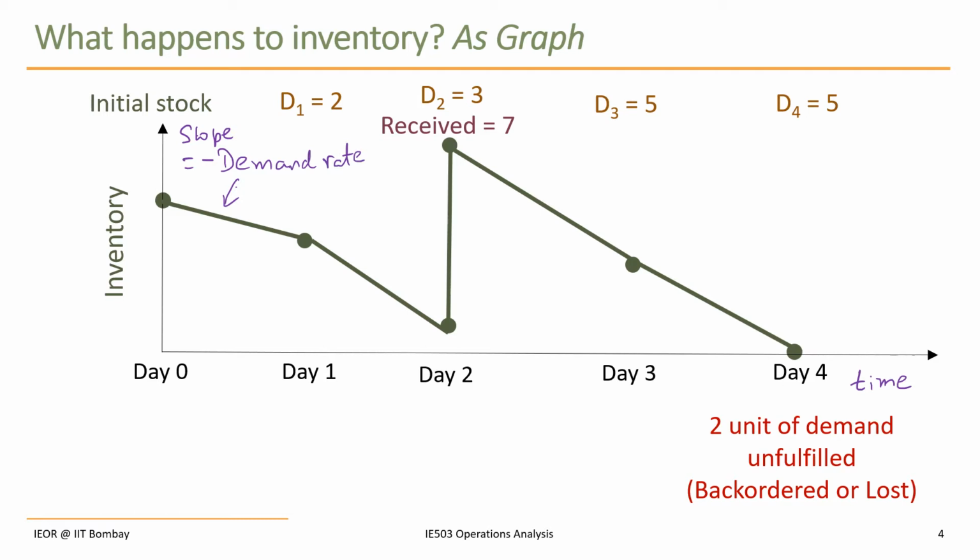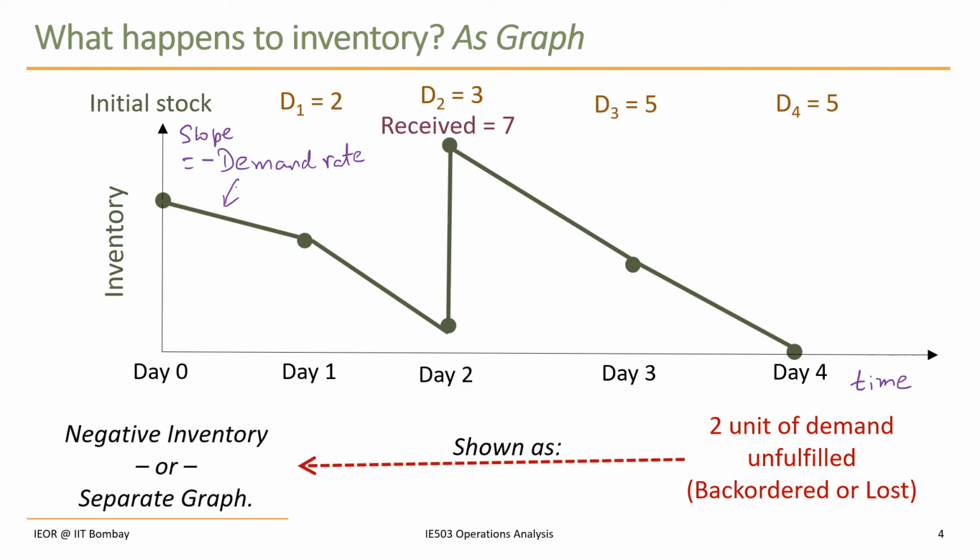Again, this graph shows only the physical inventory, and it reaches a value of 0 at day 4, and we still have 2 units of demand unfulfilled. If we want to account for that, it can be shown as either a negative inventory or as a separate graph.